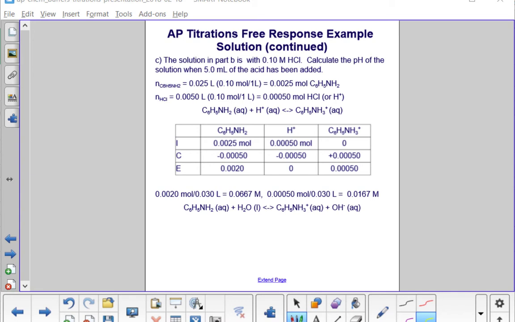I'm showing here the neutralization of the aniline. We start with our initial amounts. We're going to use up all of the H+ and have some excess aniline. In doing so, we generate some of this conjugate acid, 0.00050 moles.